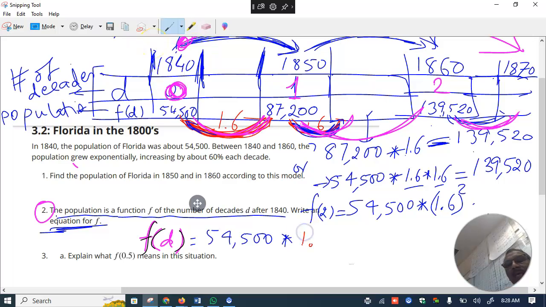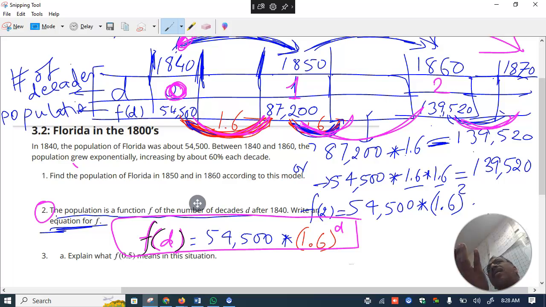I'll put 1.6 and raise it to the power d. And this is the most important formula. Got it now? Many students get confused, wondering where this comes from, and you can see how it works.